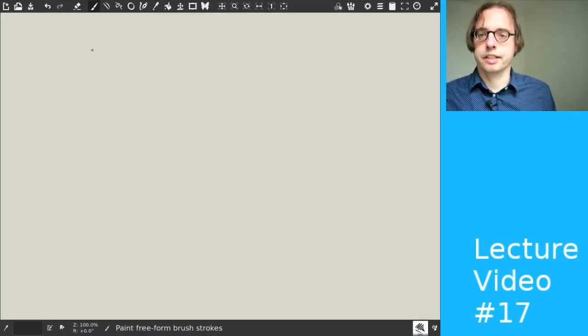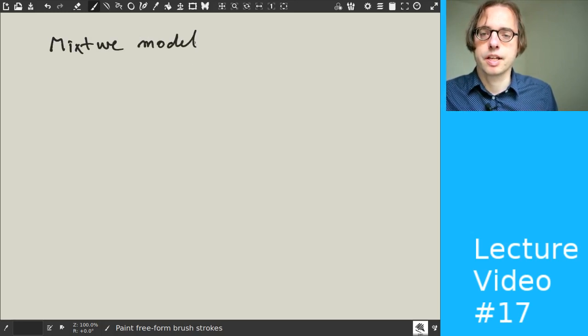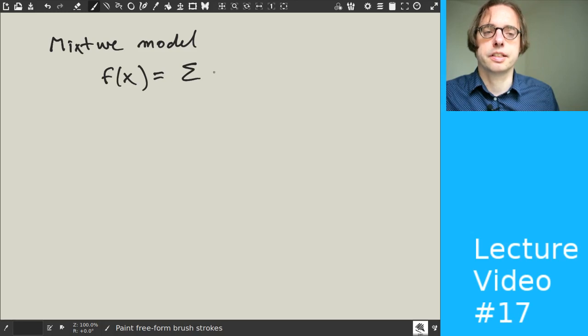So what's the problem? We have our mixture model, and the mixture model is given by this thing here. We have a marginal density that is composed of several individual densities, and each individual density corresponds to one class. So we have a sum over all k's, and we have a weight pi k times f_k(x).